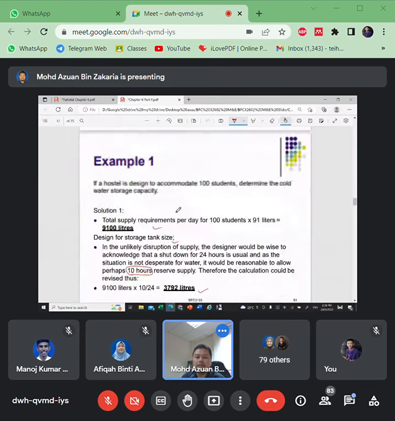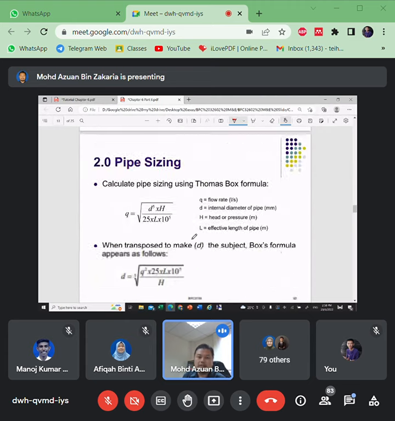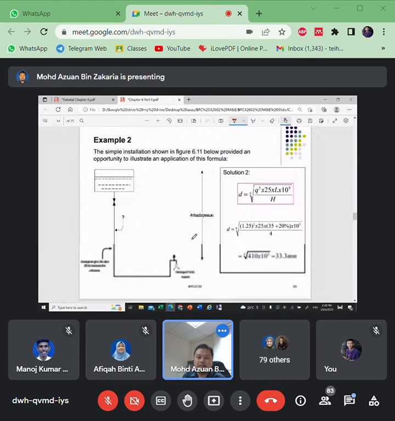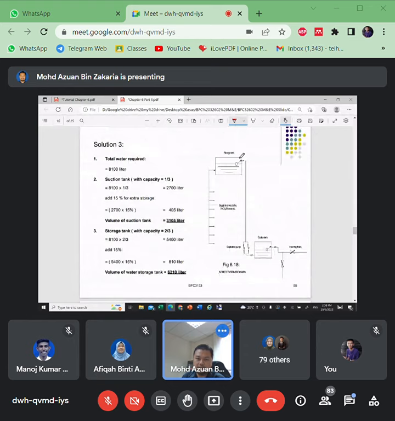For example, this is the main capacity, and then plus additional for emergency. So from here we can roughly estimate the size of the suction tank and storage tank.